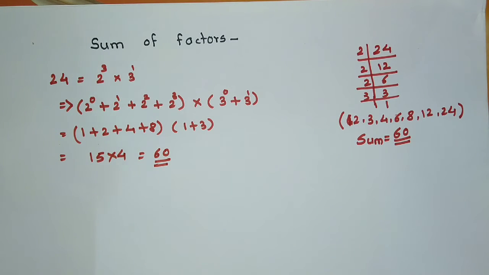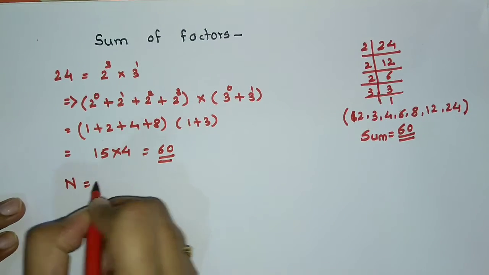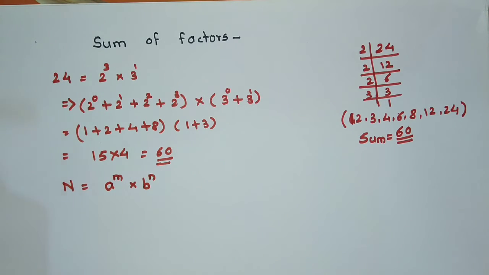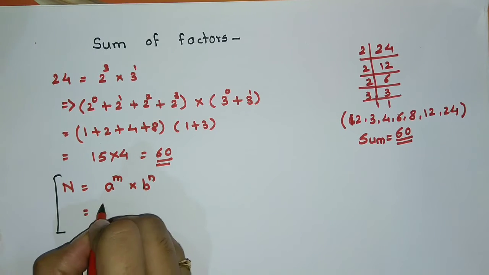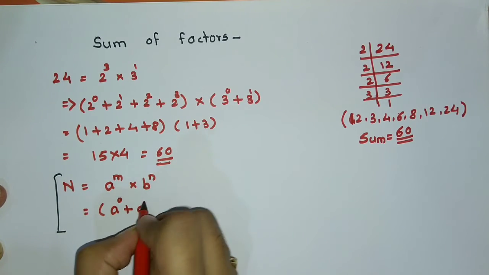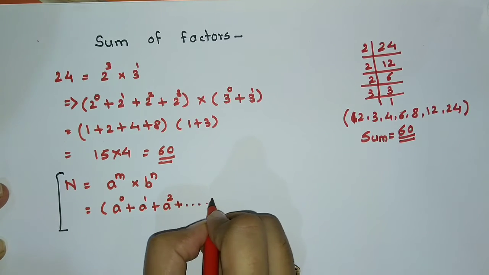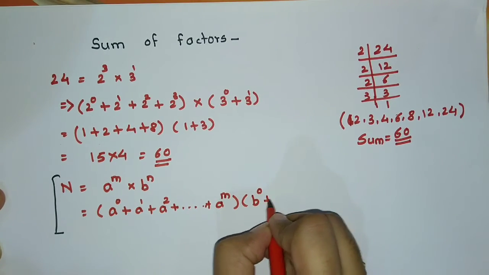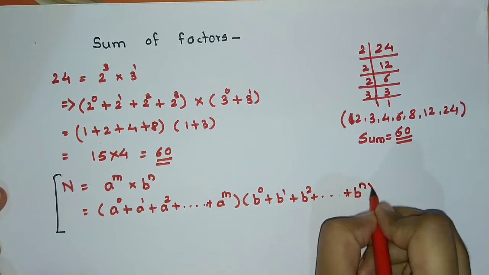Now, let's write the generalized form. If the number is given like a raised to m into b raised to n, okay, then we will represent it as a raised to 0 plus a raised to 1 plus a raised to 2 plus and so on up to a raised to m, into b raised to 0 plus b raised to 1 plus b raised to 2 plus up to b raised to n.